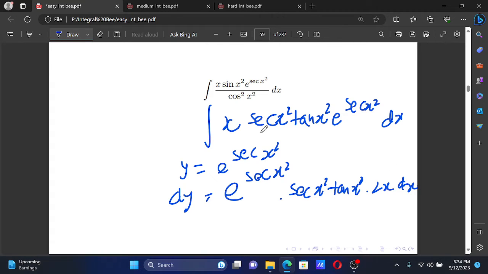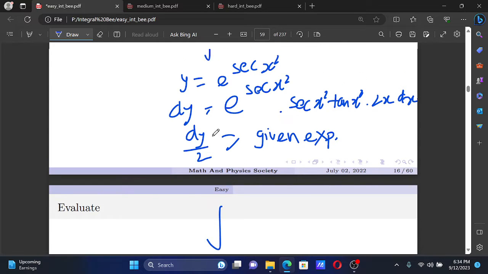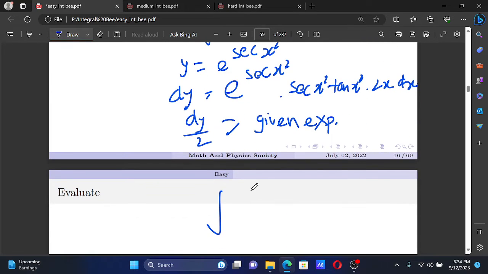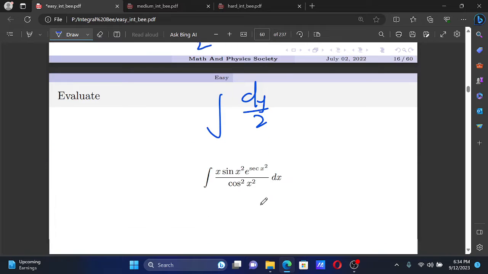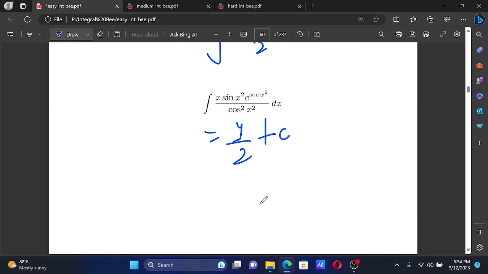Yeah, so this expression is just dy by 2. You can just write this expression as dy by 2. So that gives us answer as y by 2 plus c, where y is e to the power sec x square. E to the power sec x square by 2 plus c is our answer.